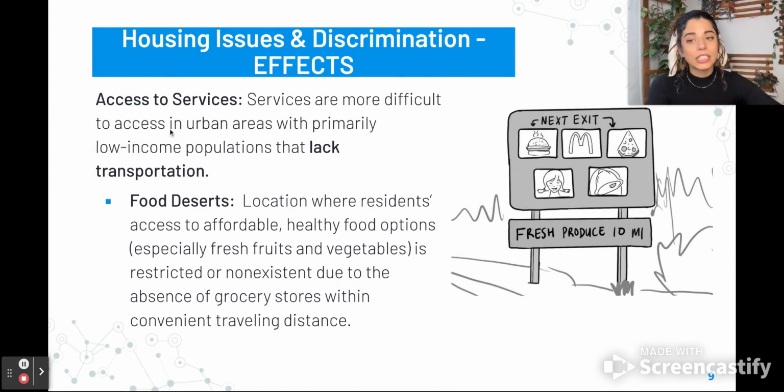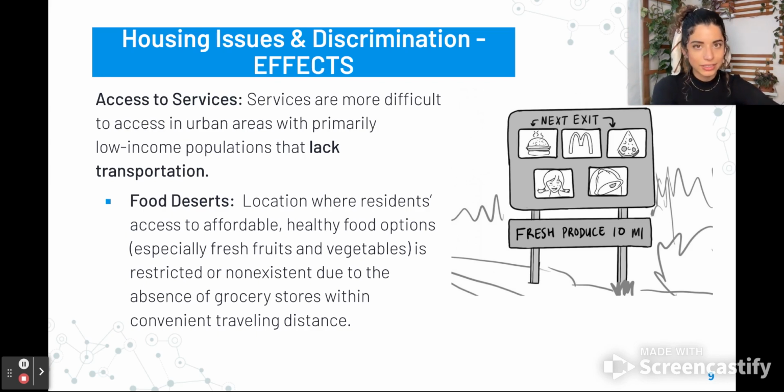There's a lack of access to services, so it's a lot more difficult to access in urban areas, especially with demographics that are low income, that might not have reliable transportation. This creates a few different things. One of them is food deserts, which we went over in the previous unit.